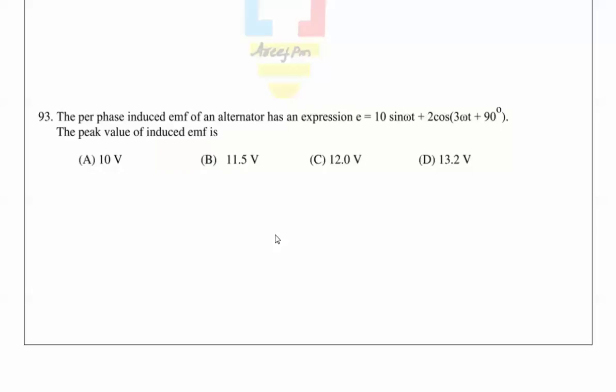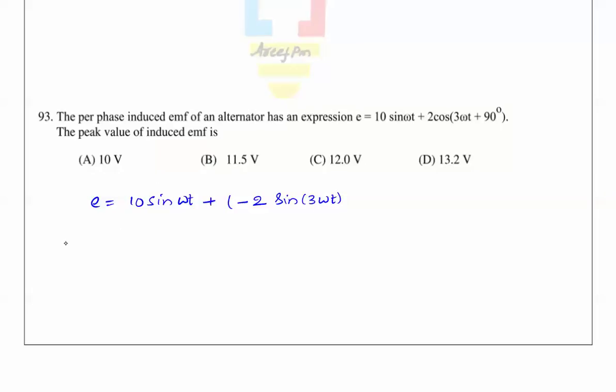The next question here is: the per phase induced EMF of an alternator has an expression E is equal to 10 sine omega t plus 2 cos 3 omega t plus theta. I can write it as minus 2 sine 3 omega t.